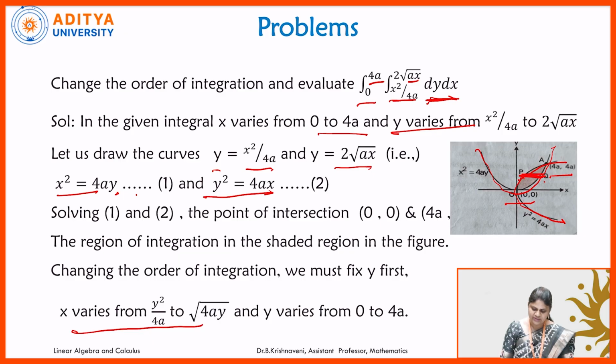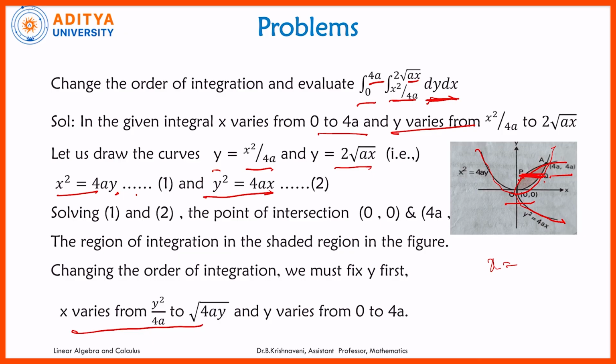Left means y square is equal to 4ax, from that x is equal to y square by 4a. And the right is touching x square is equal to 4ay, that means x is equal to root of 4ay. And what about the y limits, from this point to this point, this is 0, 0 and here it is 0, 4a, hence y varies from 0 to 4a.